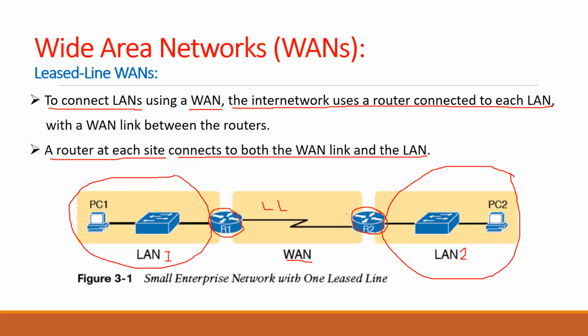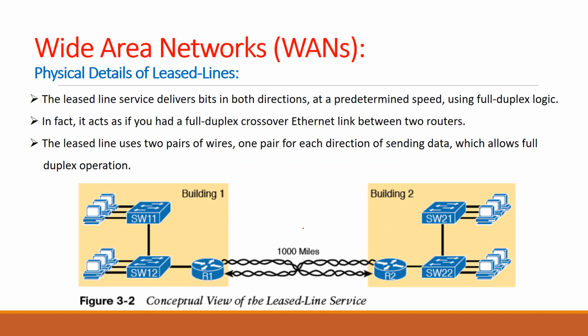This is how the WAN will be accomplished. As you can see here, a leased line is connecting the two routers. In fact, this leased line looks like a cable between the two routers. In this slide, we are going to discuss the physical details of the leased lines.